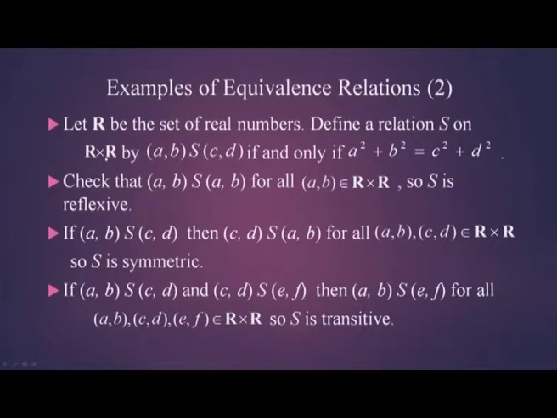We say that an ordered pair (a, b) in R cross R is related by the relation S to an ordered pair (c, d) in R cross R if and only if a square plus b square is equal to c square plus d square. Now, let us start checking what happens.